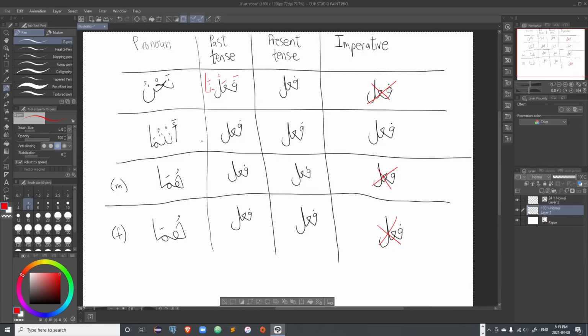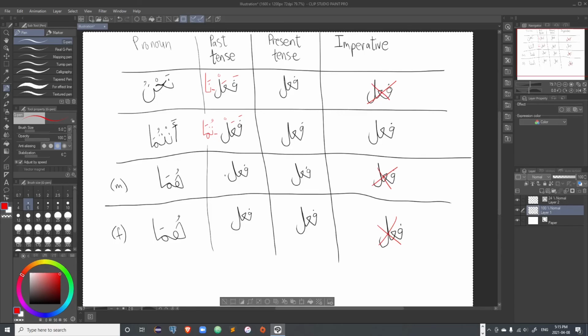Then for أنتما, I will erase this for now and add it later. فعلتما. أنتما فعلتما. You two did this.